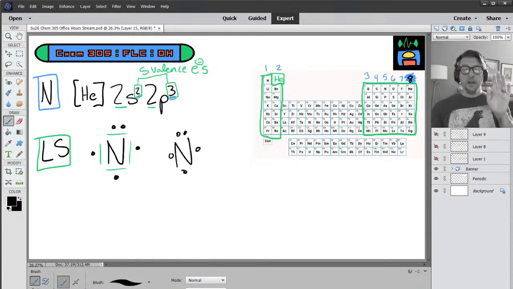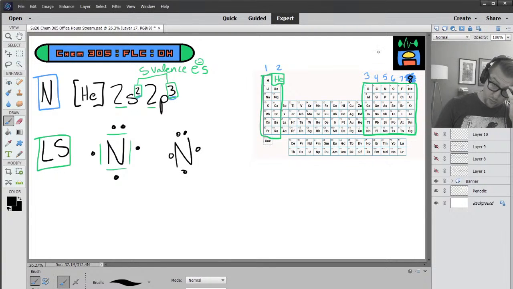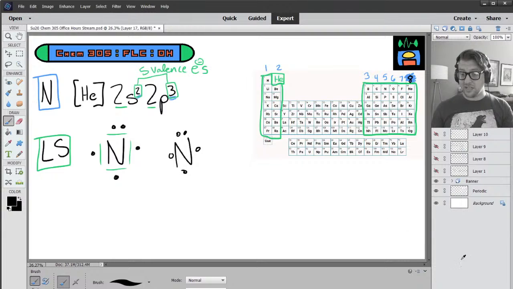Whatever column of the main group an element falls in, that is the number of valence electrons it will have. That is the number of dots in its Lewis structure. So one thing that you notice immediately is nitrogen is in the 5th column. It has 1, 2, 3, 4, 5 Lewis dots.